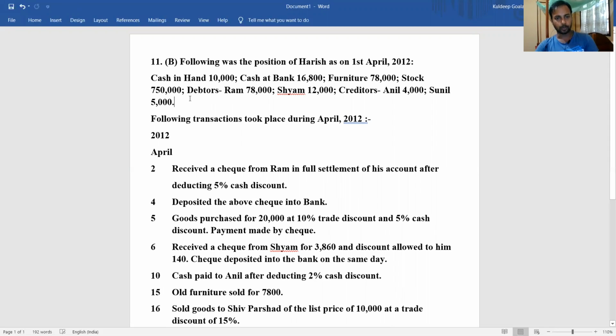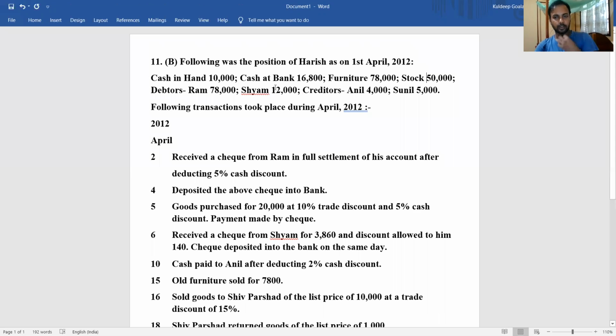So taking question number 1 of 11B. Following was the position of Haris on 1st of April 2012. What is given here? Cash in hand 10,000, cash at bank 16,800, furniture 78,000, stock 7,50,000. It will be only 50,000. Debtors, where debtor means the person who is going to pay us.